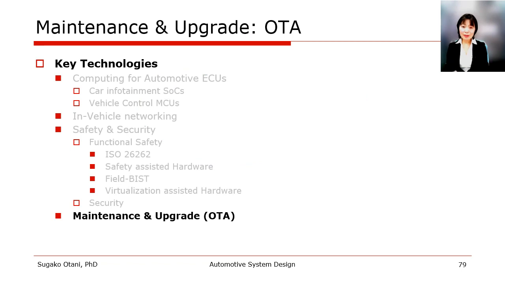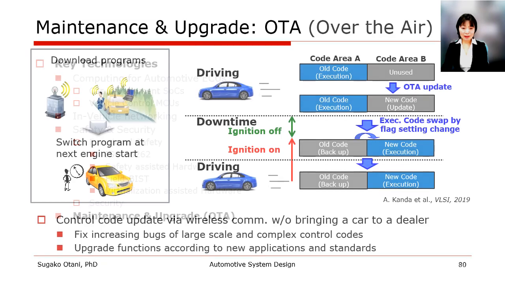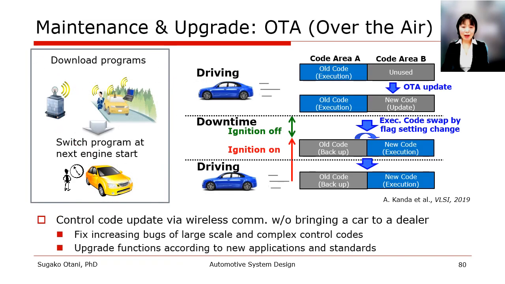Next, I will explain today's final topic, maintenance and upgrade. Over the air. OTA is firmware and software updates via wireless communication without bringing your car to a car dealer.